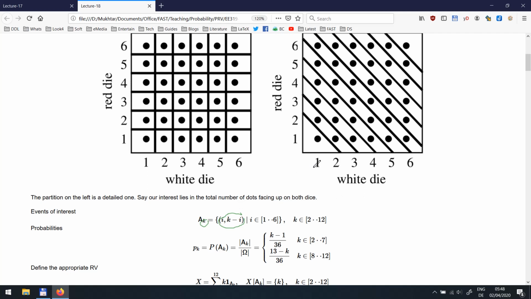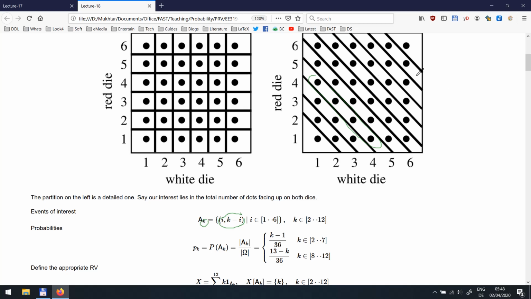So if you add I with K minus I, what do you get? The answer is K. So which means that I is allowed to take any value from 1 up to 6. But K will not change. So when you add this, and this is exactly what is happening. If I pick this one, in all these elements, this will be my A_5, 4 plus 1, 3 plus 2, you see.